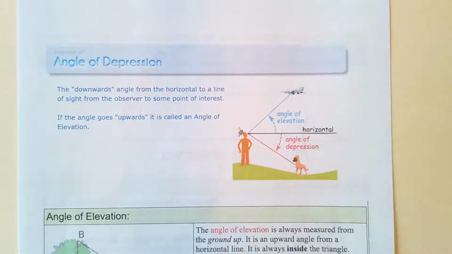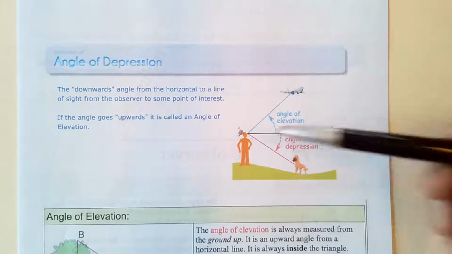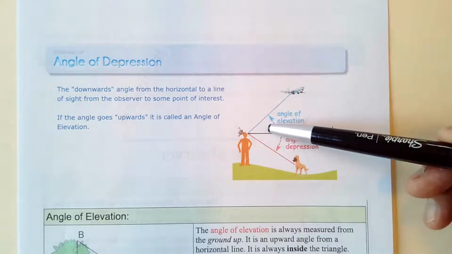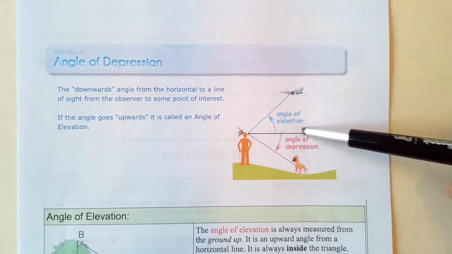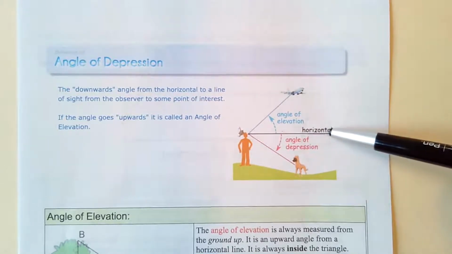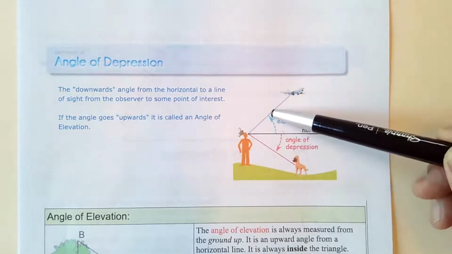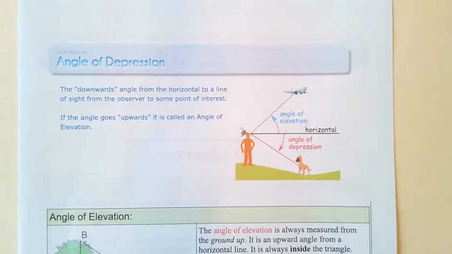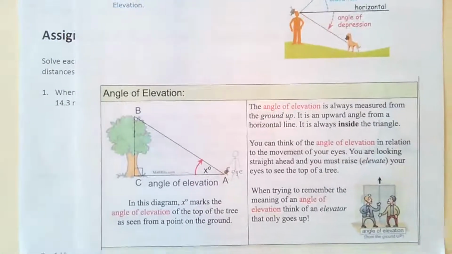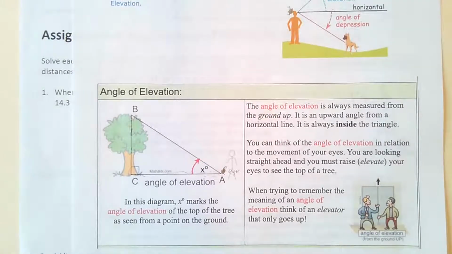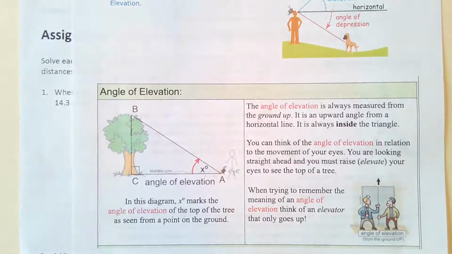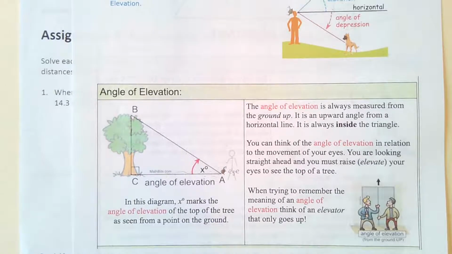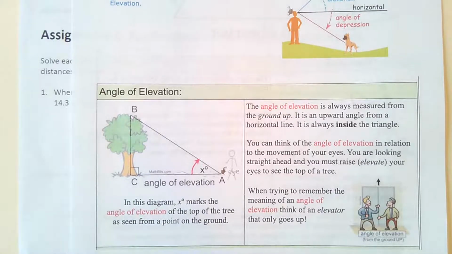So if a person is standing up here, as this diagram shows, then the angle of elevation is from your horizontal viewpoint going up, and the angle of depression goes down. Generally speaking, the angle of elevation is measured from the ground up. I'll show you examples where it may apply differently in different situations.